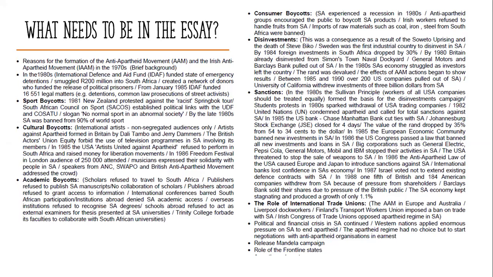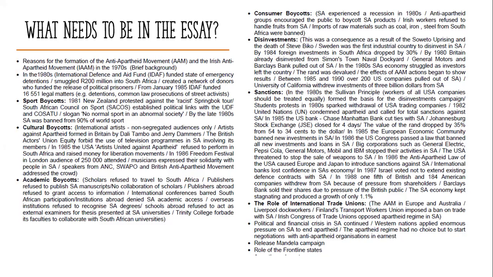So you'll see the reasons for the formation of the anti-apartheid movement and the Irish anti-apartheid movement. So why did the anti-apartheid movement start? Five lines just saying PW Botha, unwillingness to change, anti-apartheid movement started to pressurize them through boycott, sanctions, and disinvestments. And even though they started in 1959 and 1960 respectively, the actual bulk of their fight started in the 80s.